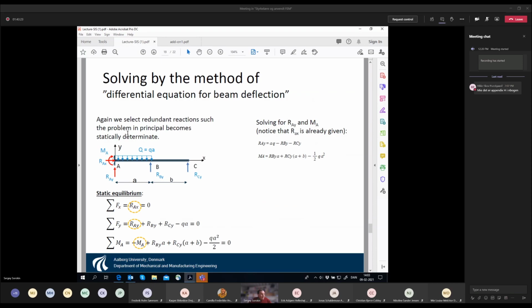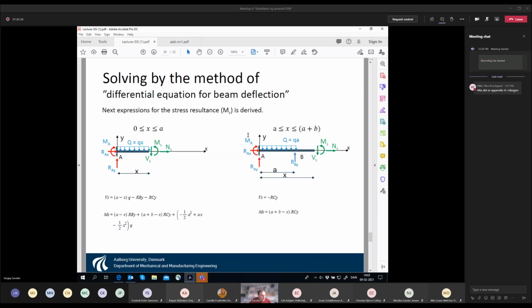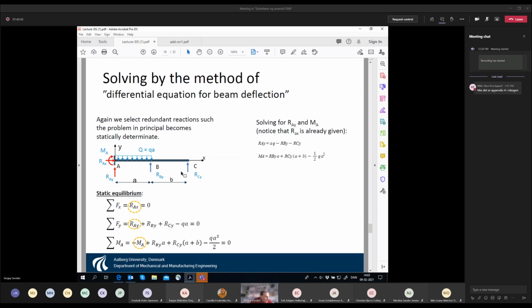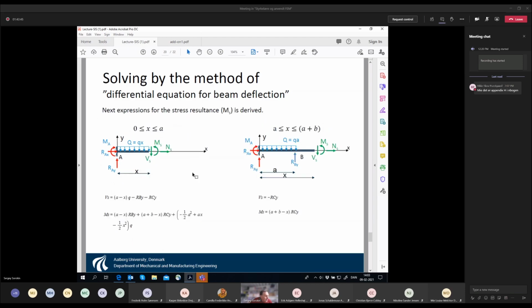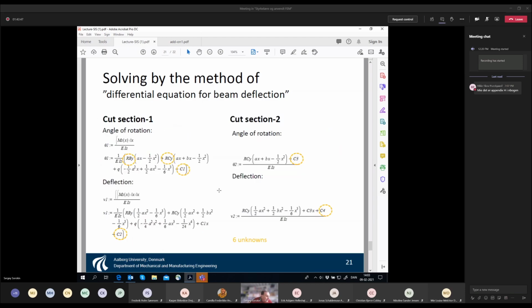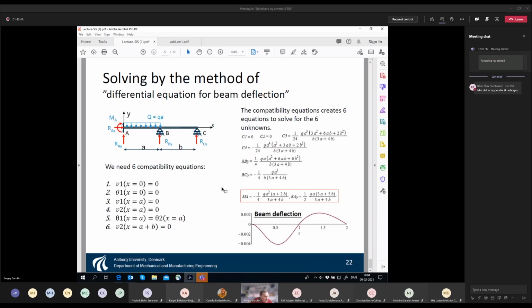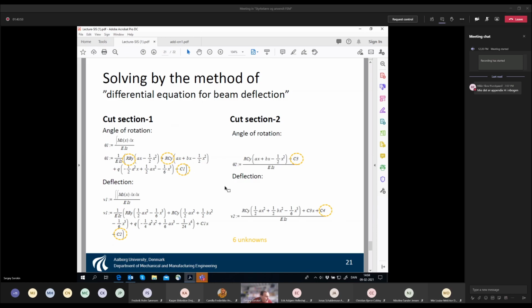And it's very simple. The answer is they integrated the differential equations for beam deflection. That's how it works.